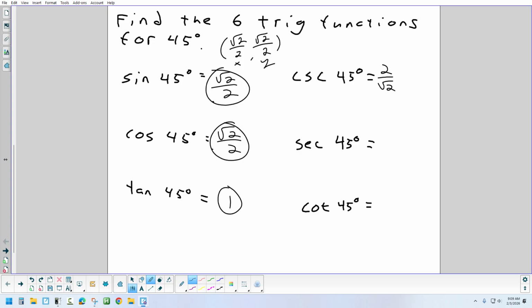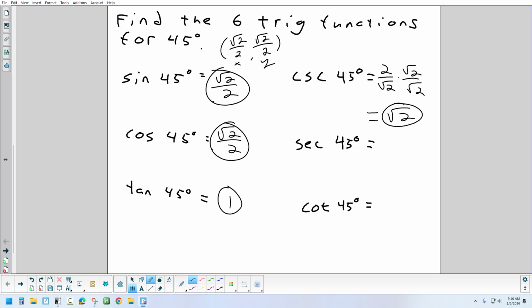So that's the first step. Flip the sine, and then multiply to fix the root in the bottom. And does anyone remember what we get when we do that? I think we did that yesterday. Just square root of 2. Because you get 2 times the square root of 2 divided by 2, and it reduces to that.